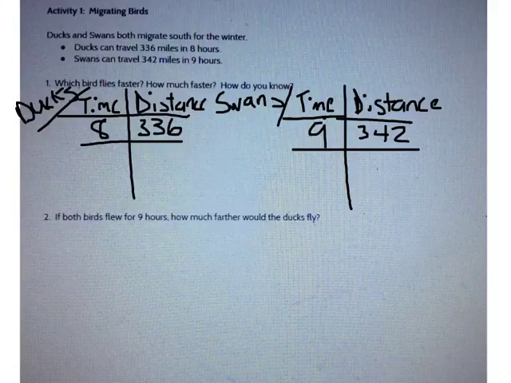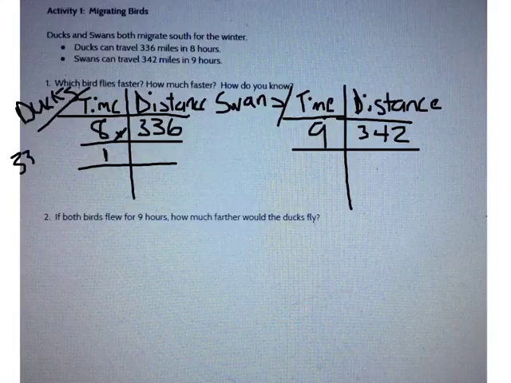To solve the first problem, we need to find the unit rate or the average speed for each bird. How could I find the distance that ducks travel in 1 hour, or the duck's speed in miles per hour? I could divide. I need to figure out what I multiplied 8 by to get to 336.